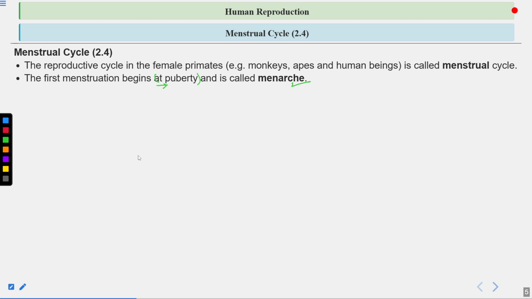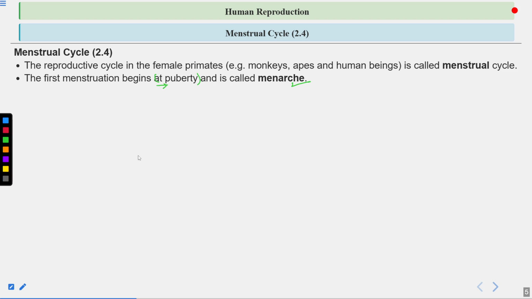First of all, what is puberty? It is that time of life where a lot of physiological changes occur. After puberty, the person becomes reproductively active and sexually mature. A lot of morphological and physiological changes occur during puberty. That person can reproduce and produce offspring.